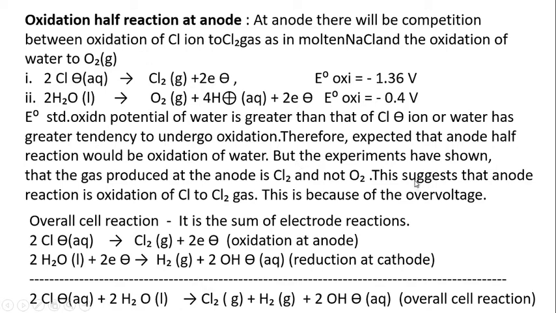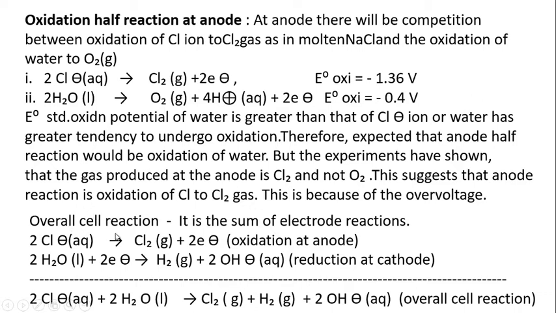But in the experiment we have seen that there is a production of chlorine gas instead of oxygen gas. Why is this so? This is because of the overvoltage which takes place during the electrolysis, and because of this overvoltage there is a formation of chlorine gas at the anode.